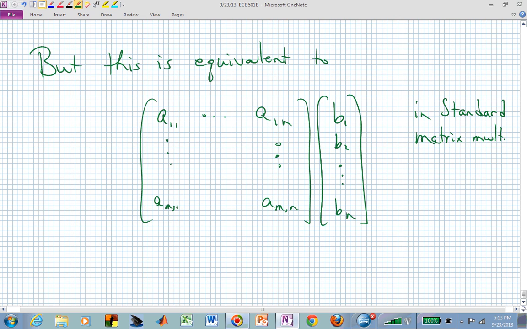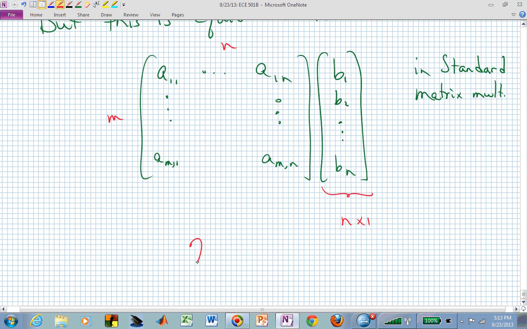And that actually is now this M by N matrix. This is an N by 1 matrix, isn't it? Where both of these, this is now the matrix representation of T times the matrix representation of V.